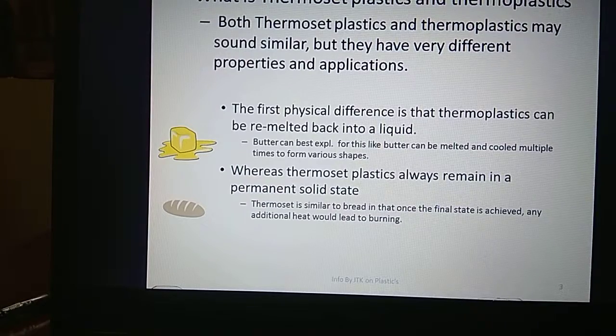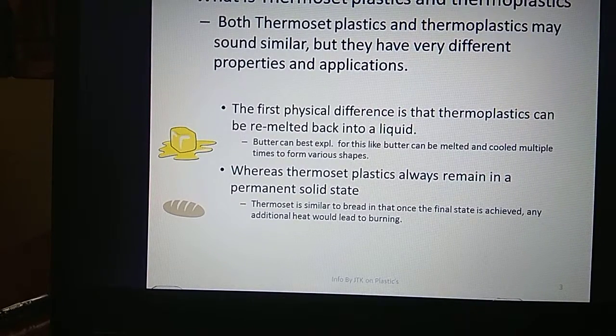To give you a brief overview of more commonly known materials, let us distinguish between thermoset plastic and thermoplastic. Both sound similar, but they have very different properties and applications, although some could be very common.